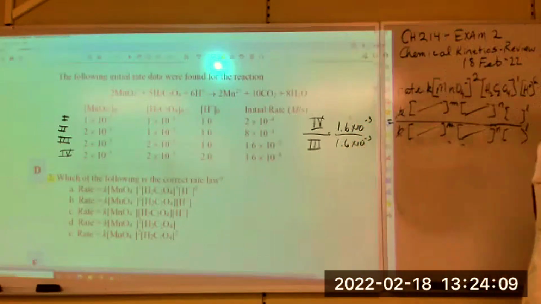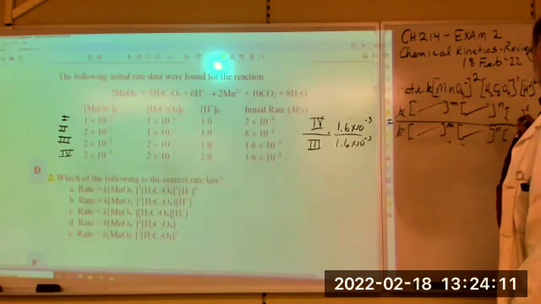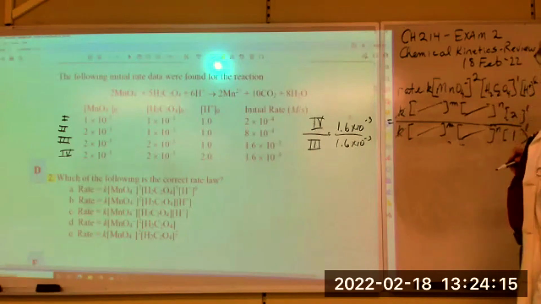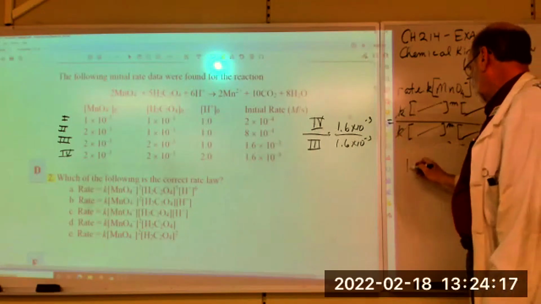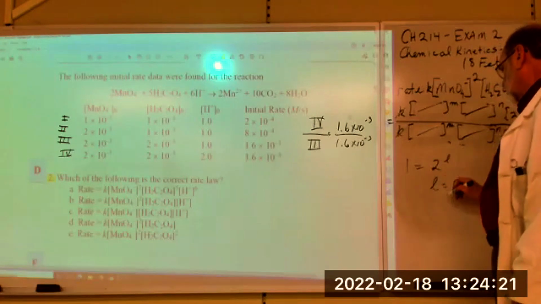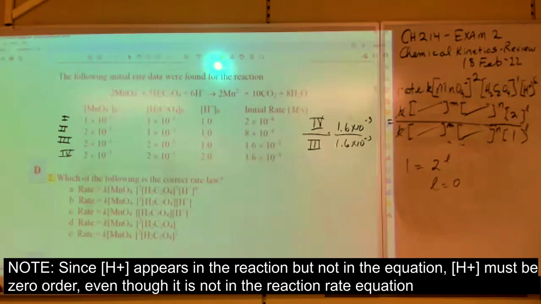I think we know where this one's going. So this is going to be 2 on top and 1. So this is 1 is equal to 2 to the L. L has to be equal to 0. Okay, so that was 0.